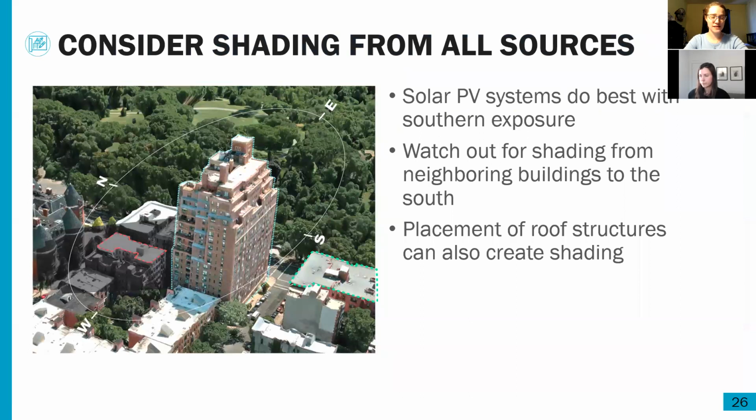Another important thing to consider is shading. In single family homes, that's usually shading from trees, but in New York, it tends to be shading from other buildings. The most important thing to keep in mind is southern exposure. So where we live, the sun is most often in the south when it matters most, and for half of the year the sun is mostly in the southern part of the sky.